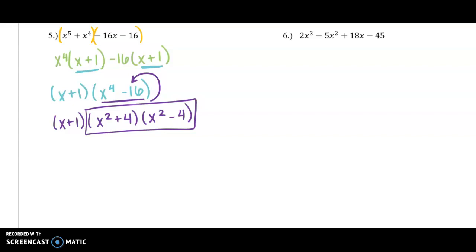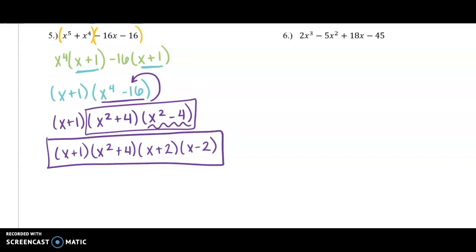But then I have to look again. X squared plus 4 I can't factor. We've already talked about that. But x squared minus 4 is actually another difference of squares, so I can do it a second time. So x plus 1 times x squared plus 4 times x plus 2 times x minus 2. That would then be my final answer.